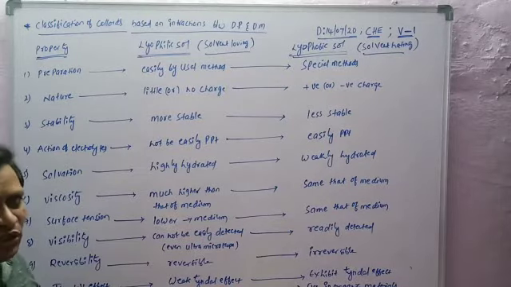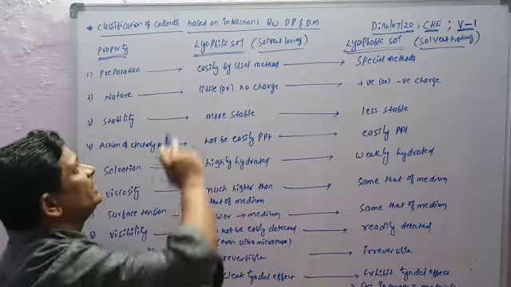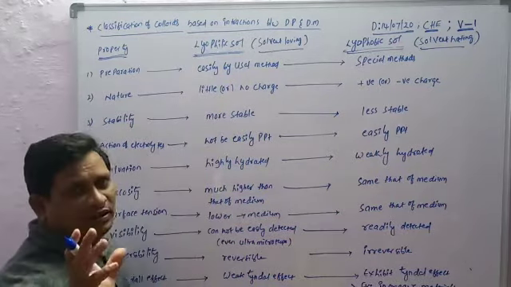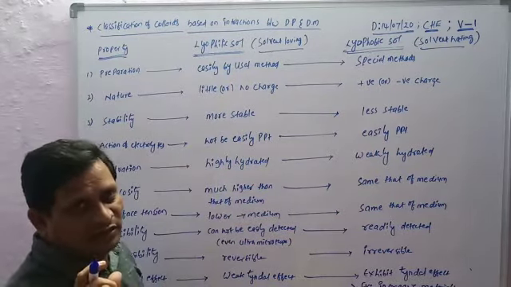These are examples of lyophobic sols. So lyophilic means much affinity between dispersed phase and dispersion medium, lyophobic means no affinity. These are solvent loving and solvent hating sols.